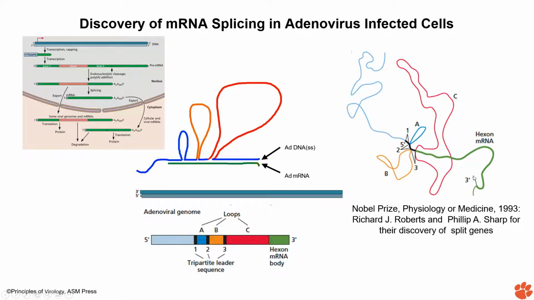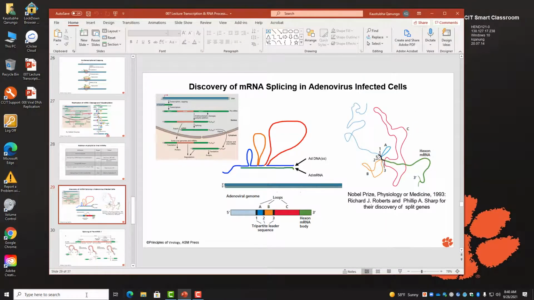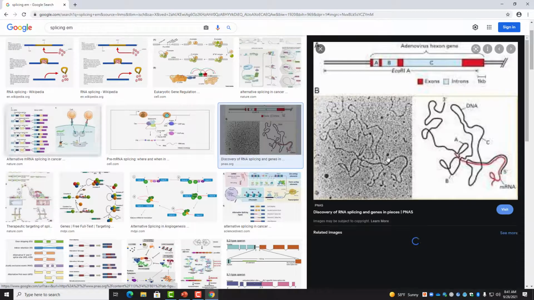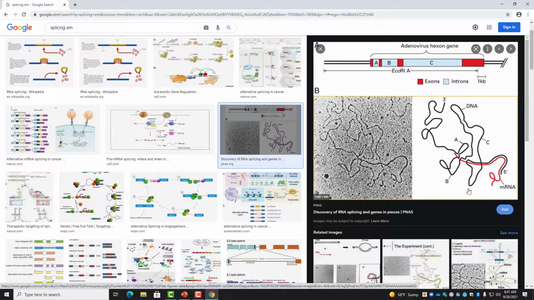But at the end, they were two separate pieces, and that gave the idea that this area is hybridized. So I'll just quickly change. I should have probably put that picture in there, because that would have been much easier. So right here, this is the picture. If you're looking at the real electron microscopic picture, this looks like a single strand, but see that the end is bifurcated into two parts.